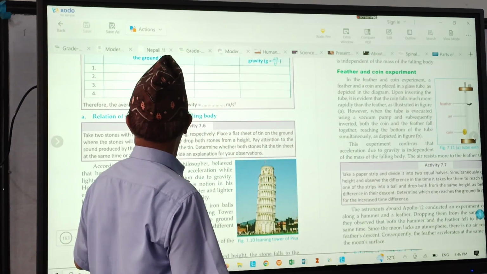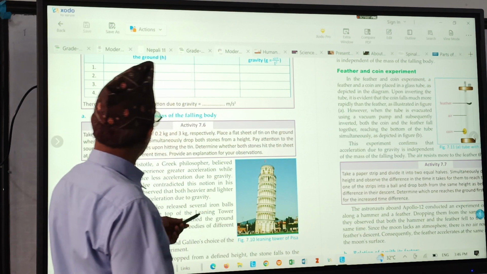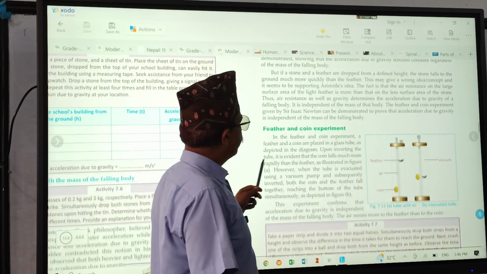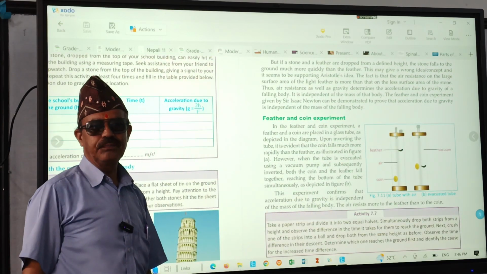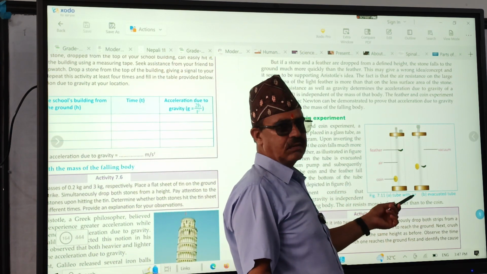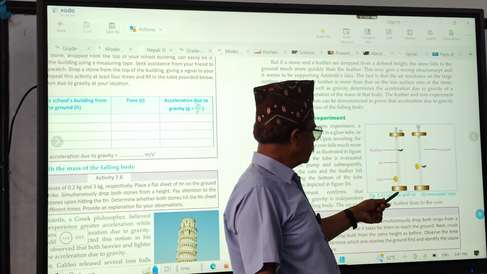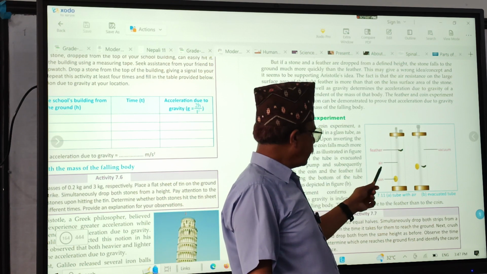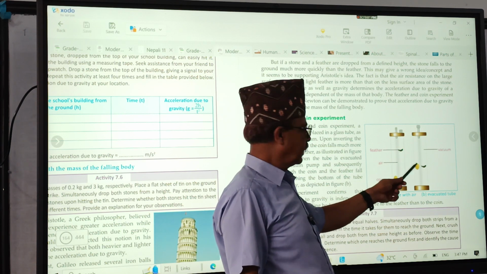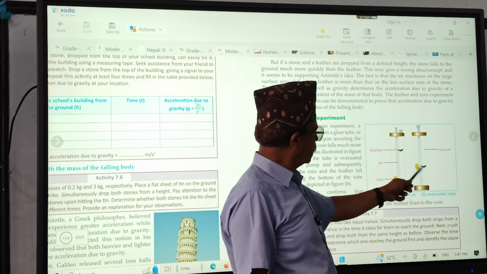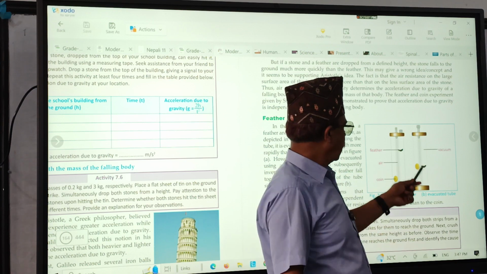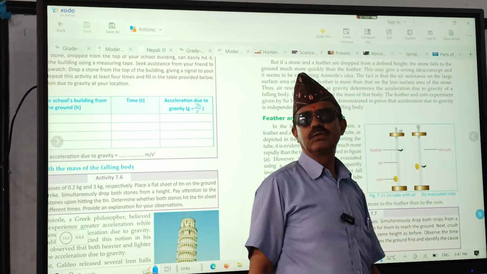Okay, so first we are going to discuss relations of small g with the mass of the falling body, and the next one is the feather and coin experiment. Feather, this one, and coin, anything we can do. But here you can see one container. In this container, at first there is presence of air. Coin falls faster than feather. But in the next condition, air is taken out from that container, and when they are allowed to drop, they drop together.